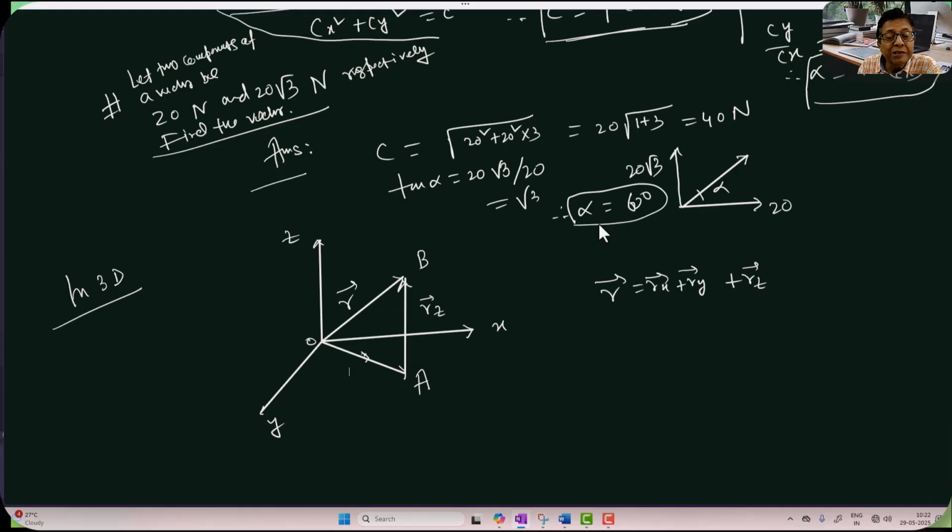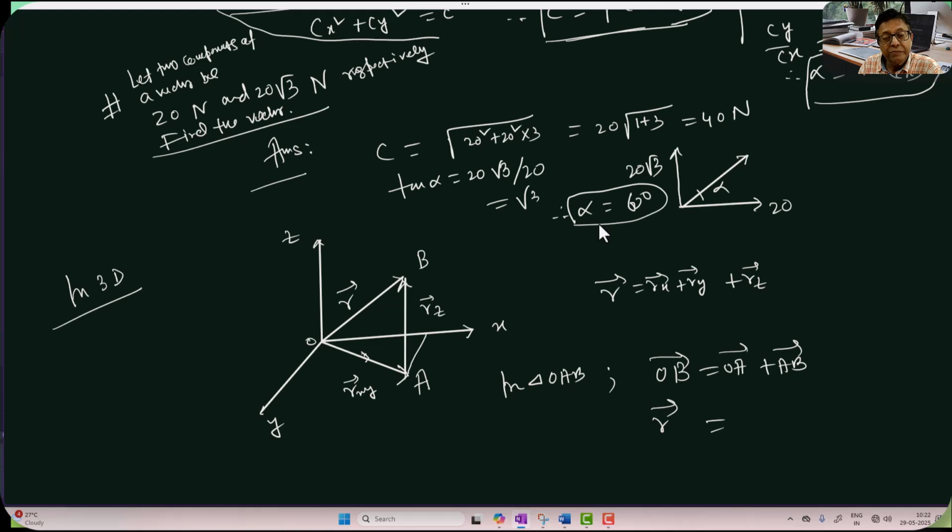So if it lies in xy plane, that vector will be taken as a vector. You always take the arrow sign here at the top. So in triangle OAB, what is going to happen? OB equal to OA plus AB. So r vector equal to OA is what? This is the vector in xy plane. We are taking that as rxy.